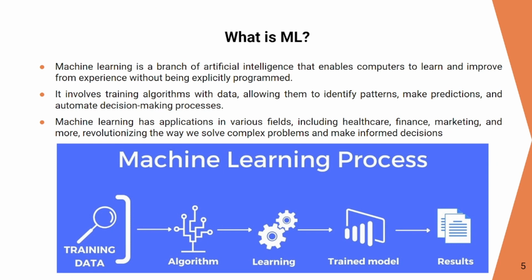As we already know, machine learning is like teaching computers to learn from examples. Instead of giving them explicit instructions, you show them patterns in data and they figure out how to make predictions or decisions on their own. It's like training a dog by showing it pictures of different breeds, and over time, it learns to recognize new breeds.